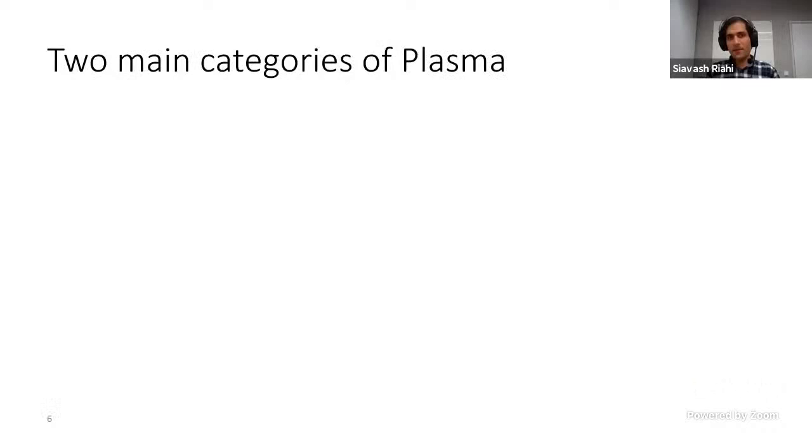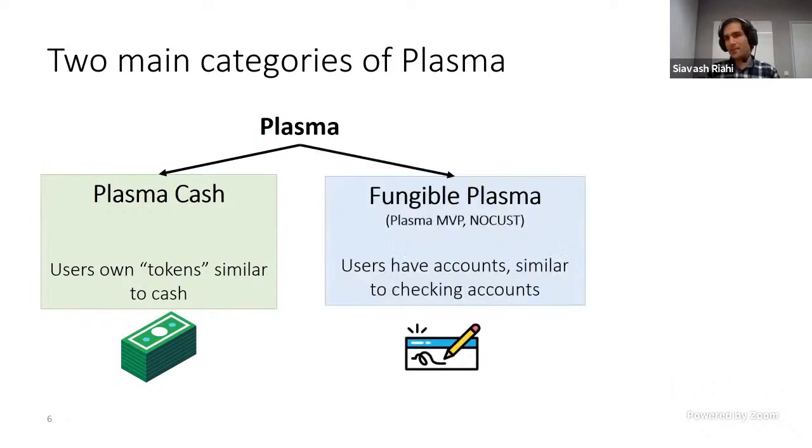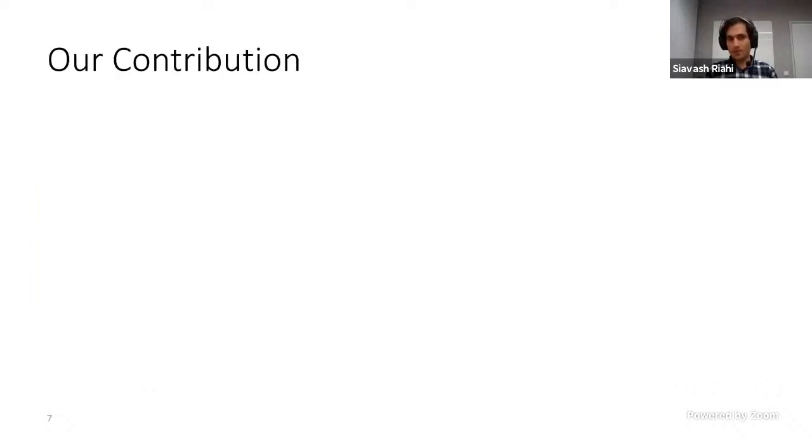All in all, there are 2 main categories of plasma protocols. One is plasma cash, where users own tokens similar to cash. So we are assigning tokens to users. And another version of plasma is fungible plasma, where users have accounts similar to checking accounts, and we are assigning balances to users in this system. Now, our contribution is as follows.